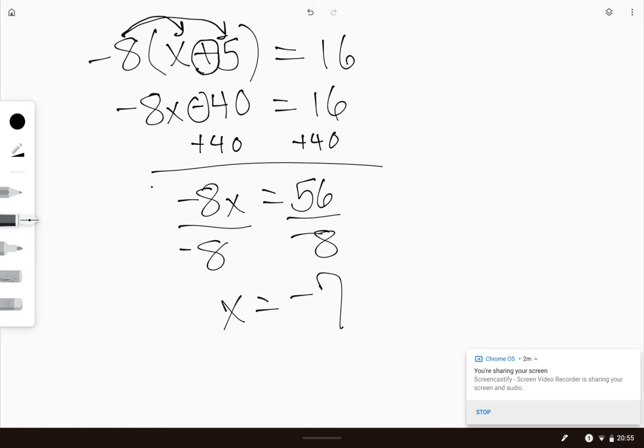And just so we can see, if we were to substitute negative 7 back into the original equation and check our work, negative 7 plus 5 is going to be negative 2.